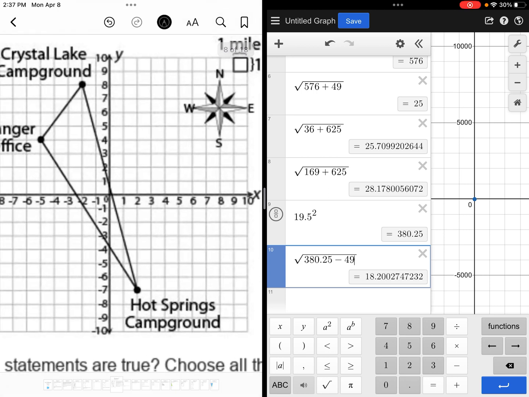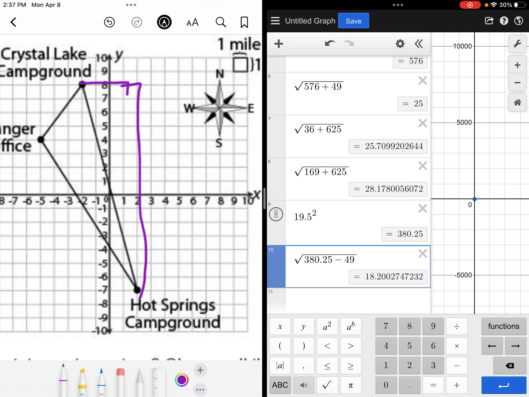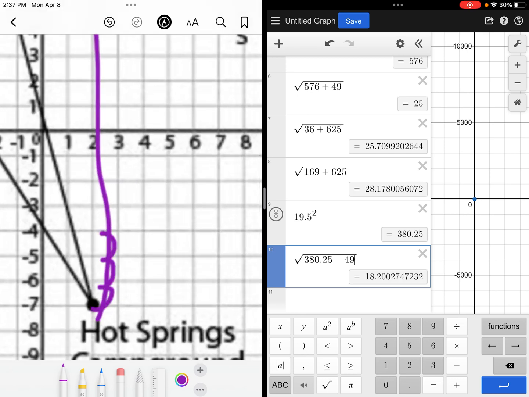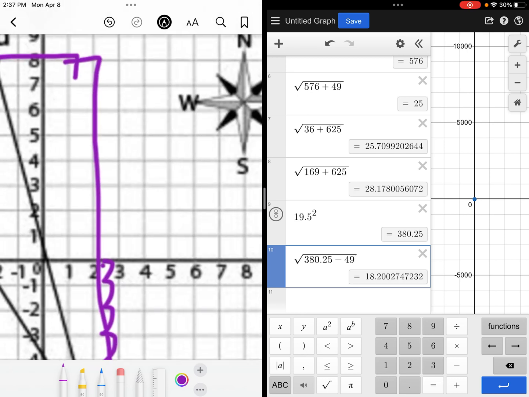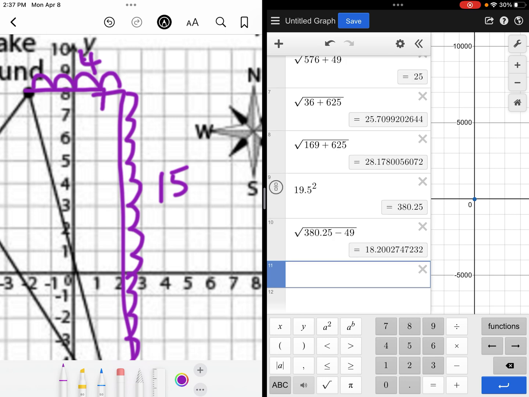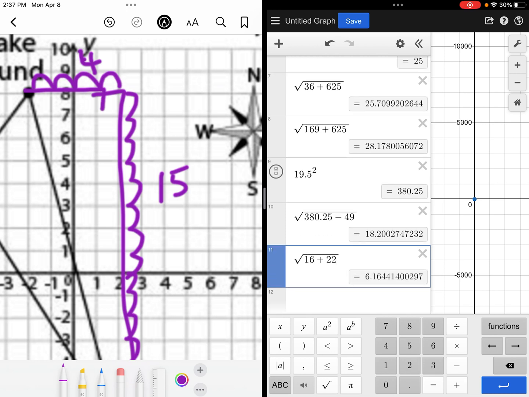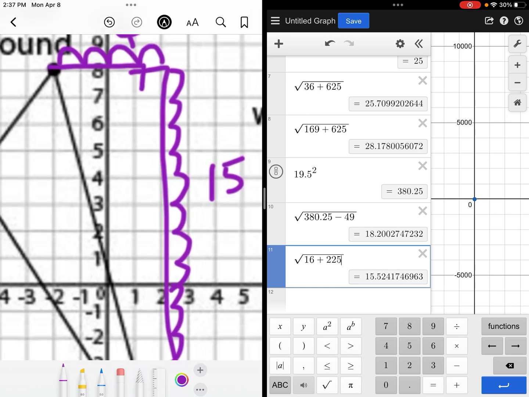So that's going to be 1, 2, 3, 4, 5, 6, 7, 8, 9, 10, 11, 12, 13, 14, 15. So I get 15 and then 1, 2, 3, 4. So the square root of 16 plus 225, and I get 15.5.